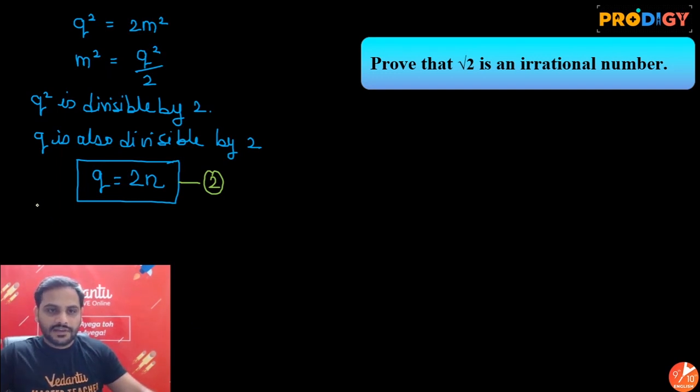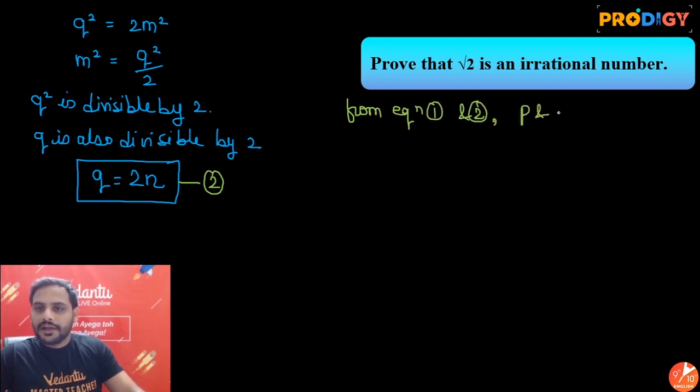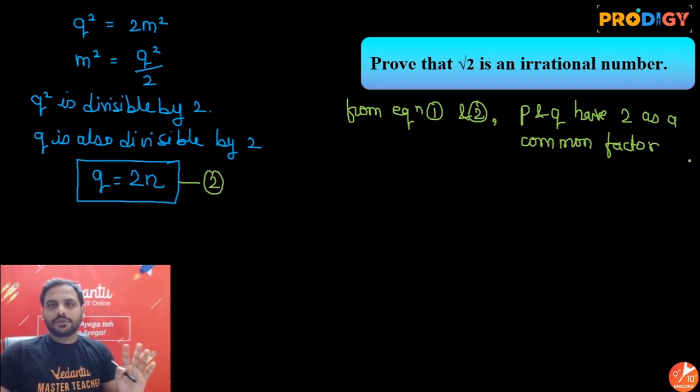So from equation 1 and 2, p and q have 2 as a common factor. Both are divisible by 2. 2 is able to divide both p as well as q. So they have 2 as a common factor.